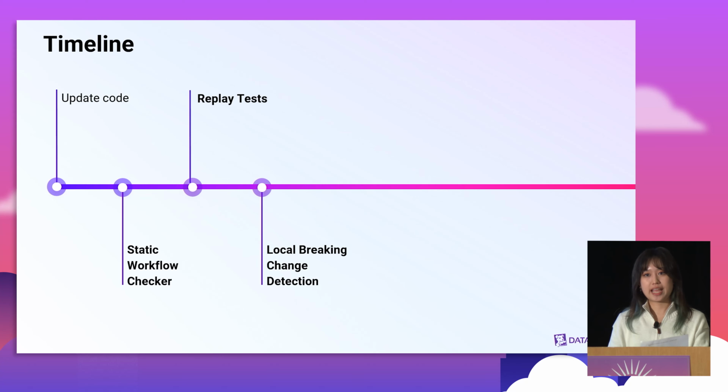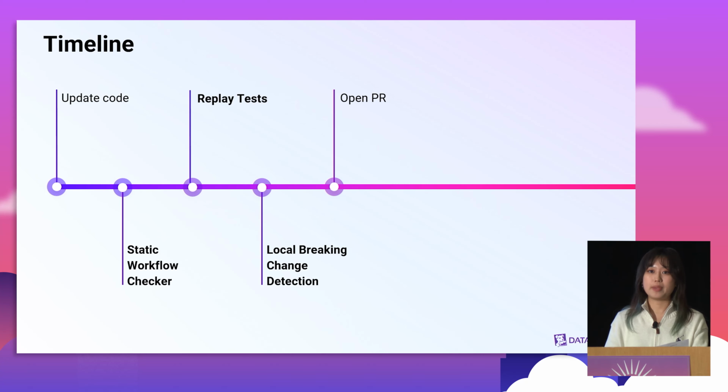Once I add my version gate, I can also use local BCD to check that my version gate is working the way I'm expecting it to, and there aren't any mistakes there. If there's any further debugging required, I can go back and forth between using replay tests and local BCD here. So once everything looks good, I'd open a PR, get that reviewed and merged. And finally, I'd go ahead with deploying.